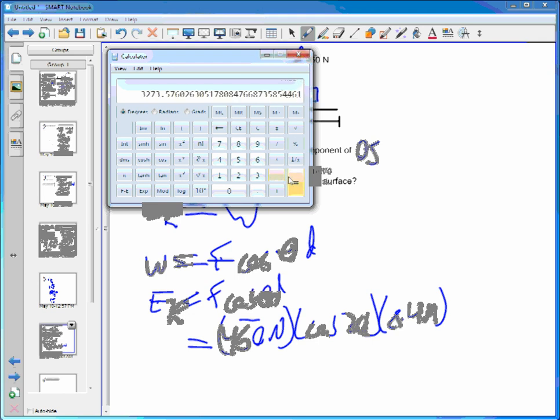And we get 3,273.57, etc. newton meters, or joules. This is rounded to the 5 here, so that's 2 significant figures. The angle has 2 significant figures. The distance has 2 significant figures. The answer has 2 significant figures.